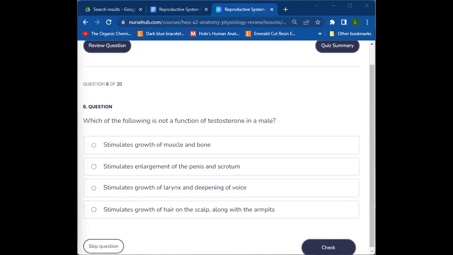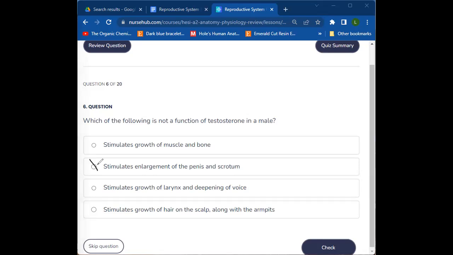Okay, you can try this one. B. Sorry, did you say B as in boy or D as in dog? Boy.